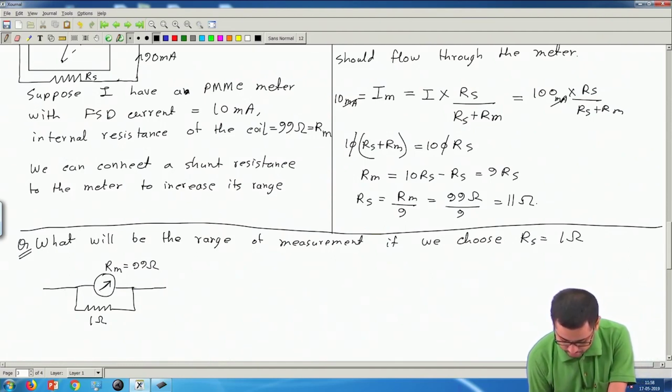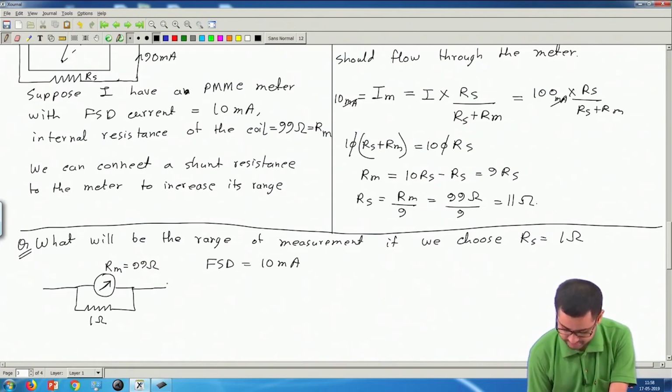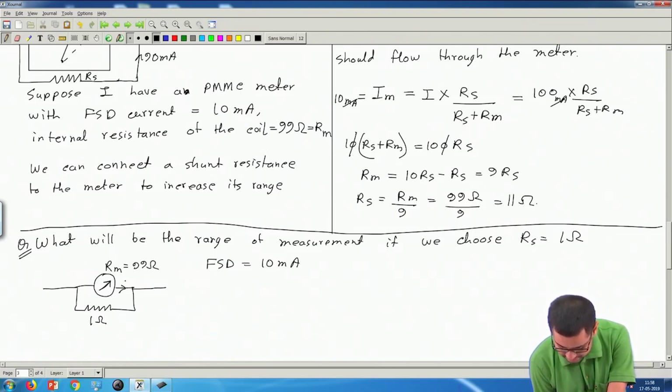Now the full scale deflection current is given to be 10 milliampere for this meter. It is given here. So that means when this current is 10 milliampere, the pointer will reach its maximum position, extreme right side.